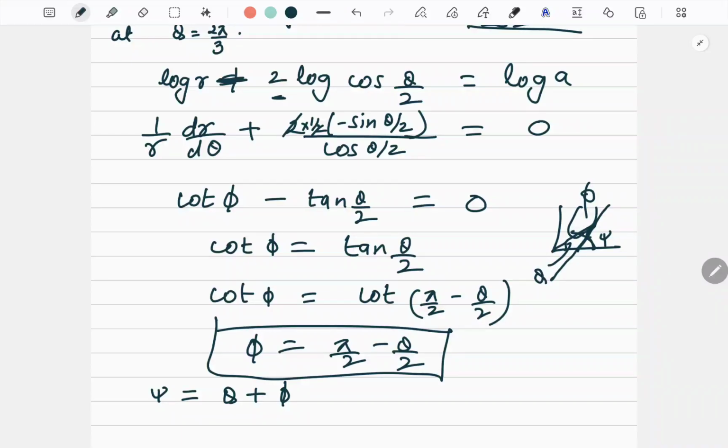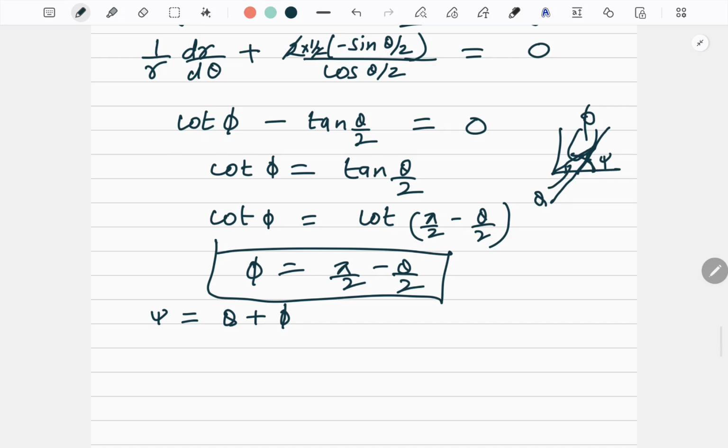So psi is equal to theta plus phi by that property that the exterior angle of a triangle equals the sum of the interior angles. So what is the value of psi? Theta plus pi by 2 minus theta by 2. Theta is theta and phi is this value. So this is pi by 2 plus theta by 2. Right.